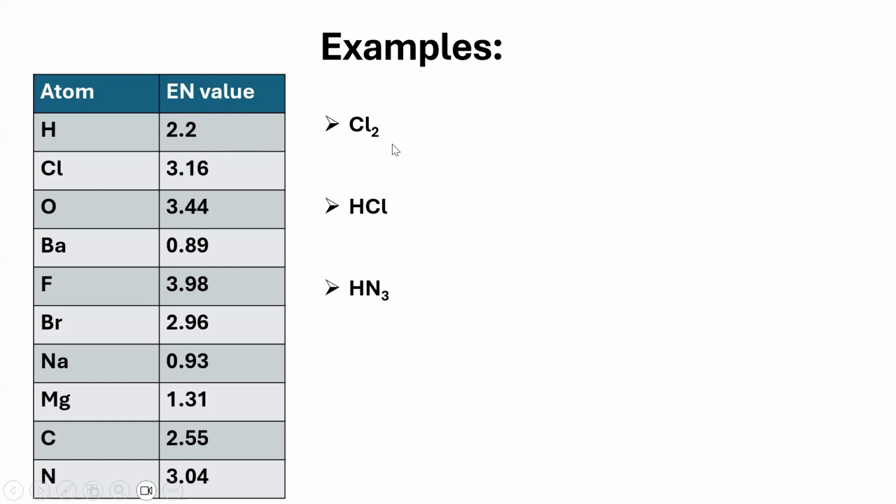Cl2 molecule, it's a Cl-Cl bond. The Cl from the table is 3.16, and of course the other Cl will have the same value, 3.16.